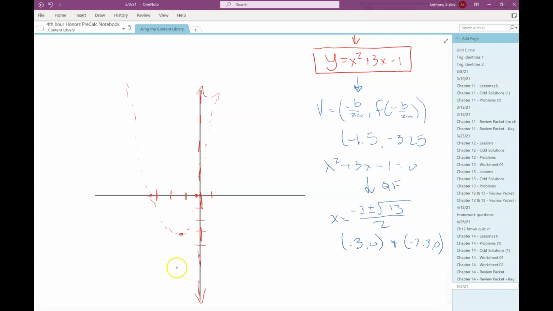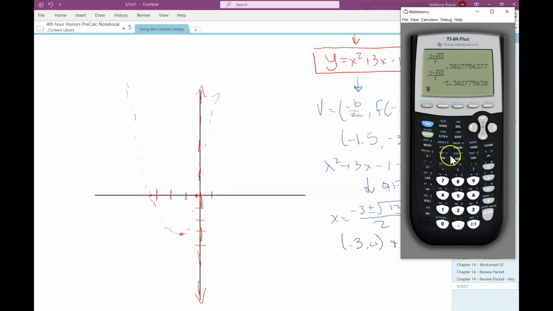So what I need to know now is what is my graph doing at this asymptote of x equals 0. So I'll go and do that the same way we did before.